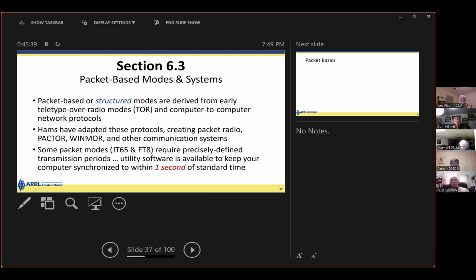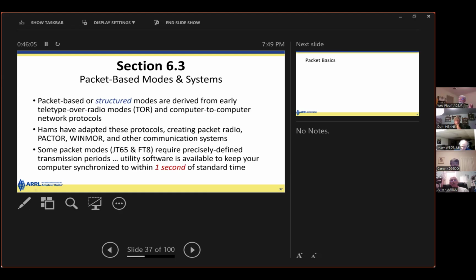And they depend on very accurate timing to know more or less when to start listening for a transmission. For FT8, you have to keep your computer synchronized to within 1 second of UTC, Universal Time.